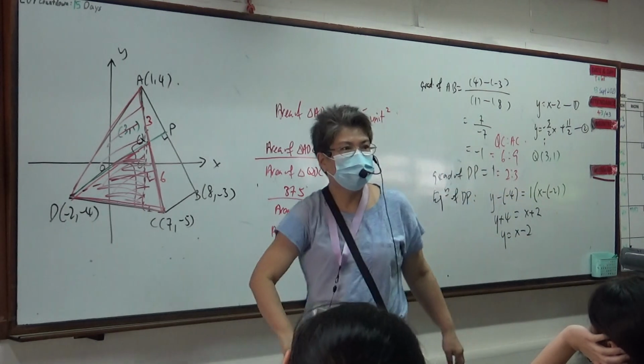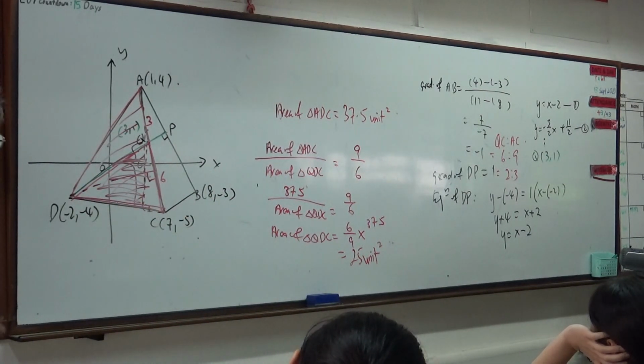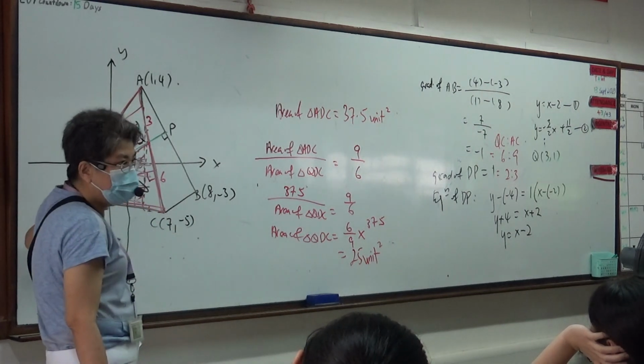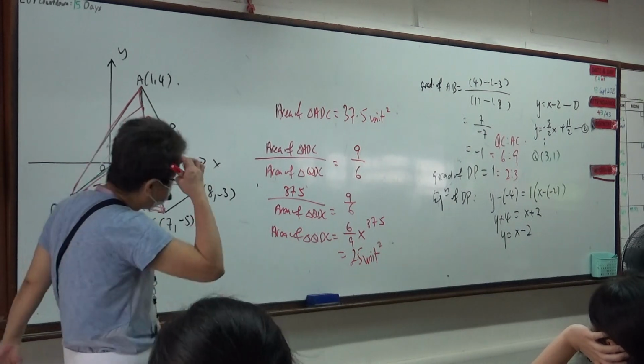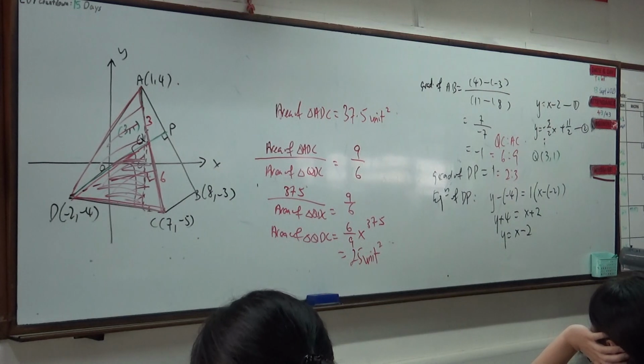Are we clear? Are we clear here? Yes, because this one and this one, they share the same height. Clear or not clear? Yes or no? Yes, okay, good. But if you look at the textbook, they give you another way of doing it.